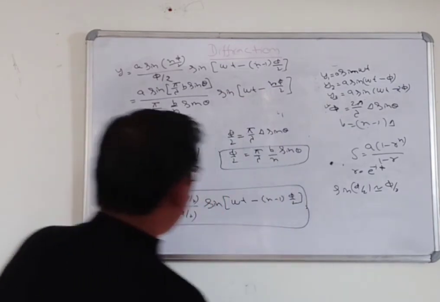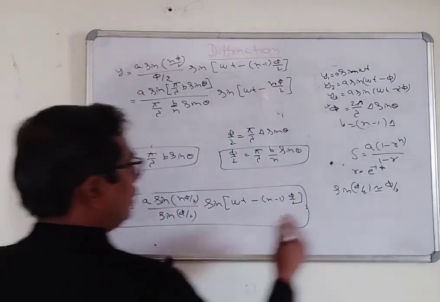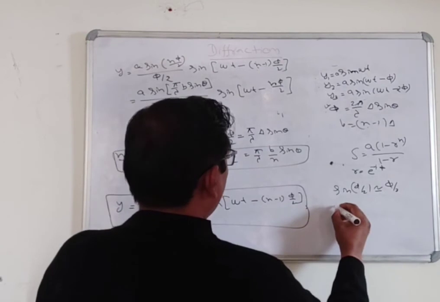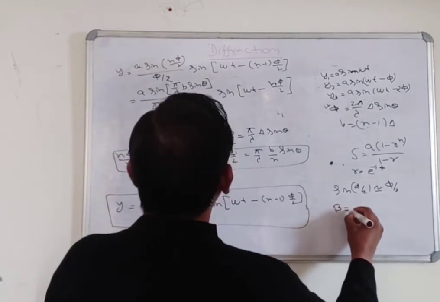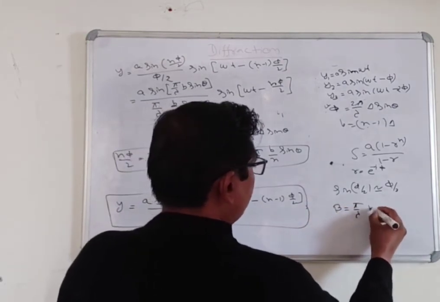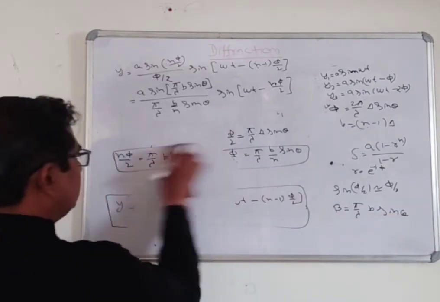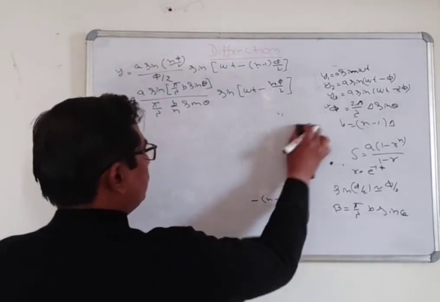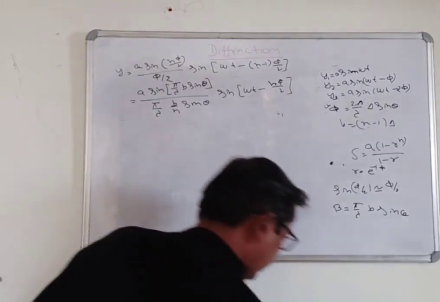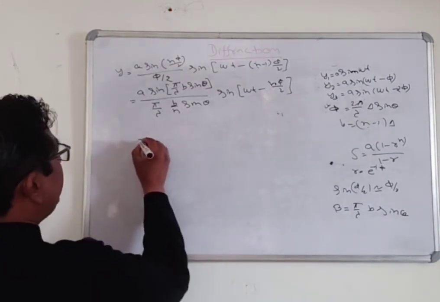Suppose that we let beta be equal to pi by lambda b sine theta. So now this equation can be written in terms of beta.